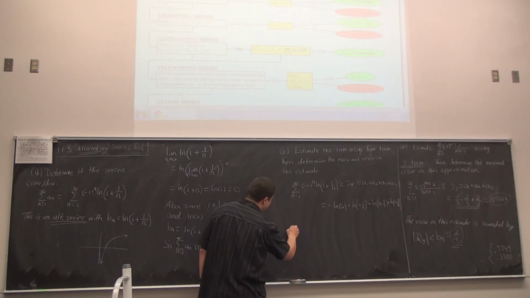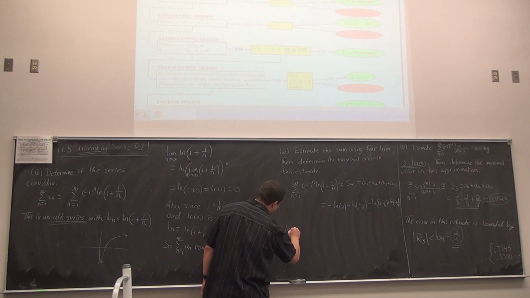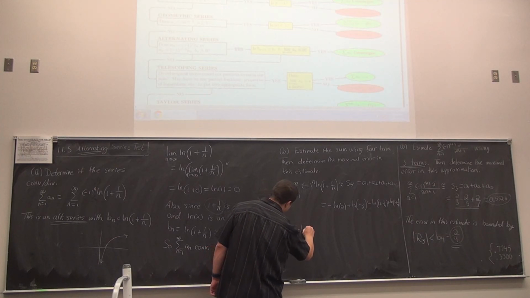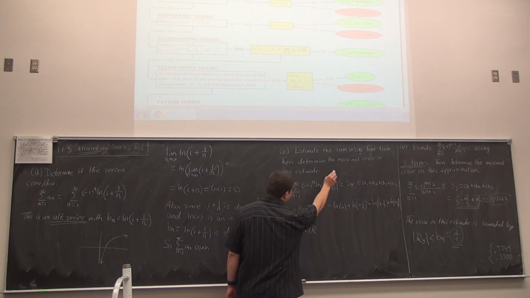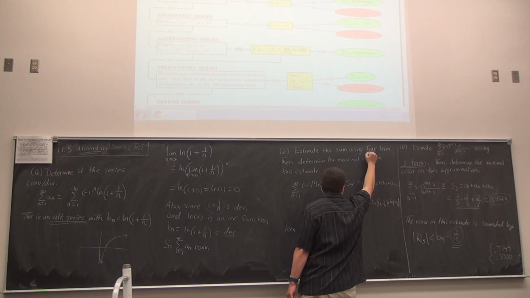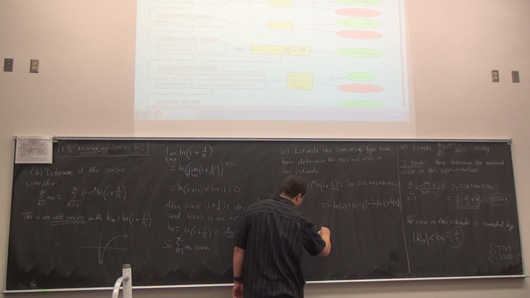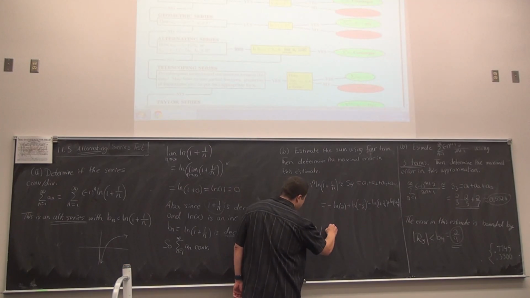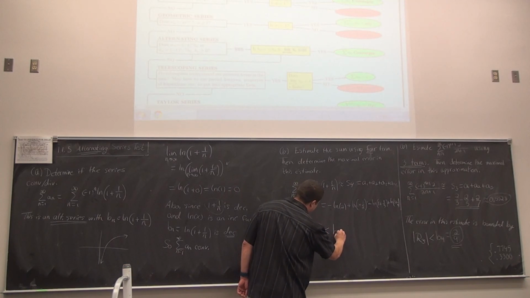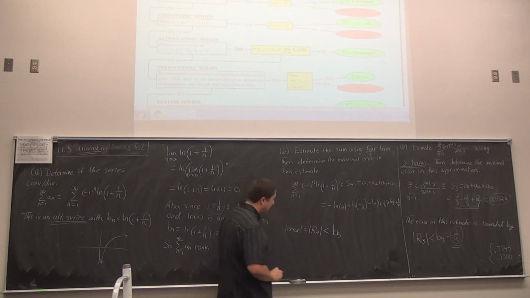The last thing to write is that the absolute value of the error is the absolute value of R, we estimate with 4 terms. So I write R4. So the error is the remainder itself. That's just really a definition. The theorem is this. That's less than B5.